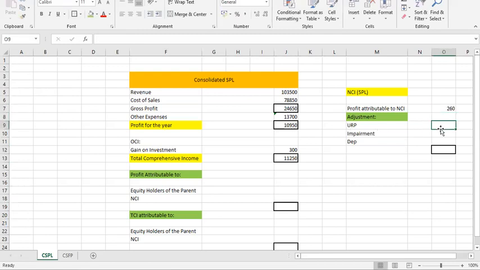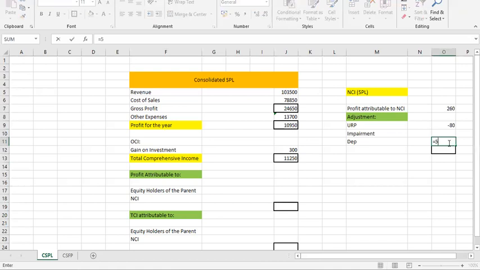Now we have the adjustments. Adjustments were the unrealized profit. Okay, so 400, and obviously we'll be deducting that, so we should have the minus sign. So 400 into 0.2, minus 80. Then you have the depreciation, but it will be added because it was the downward.